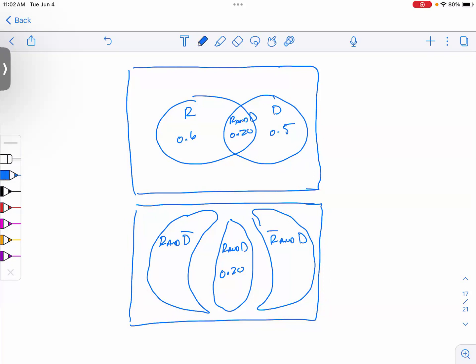So 0.6 minus 0.2 means this is 0.40, and then 0.5 minus 0.2 is 0.30. Then I know the outside, which is not regular and not diet, which is 60, 70, 10%. That creates 100%.